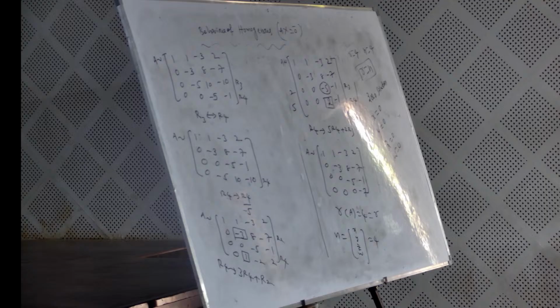Echelon form can be done in many ways. Only the technique differs. If you have a different ideology, you may implement it, but the final answer will be the same. The answer will not change. When you are doing it right, the echelon form output will not vary from student to student.